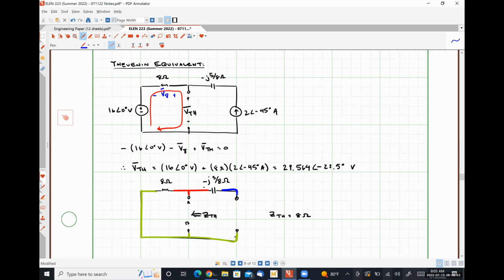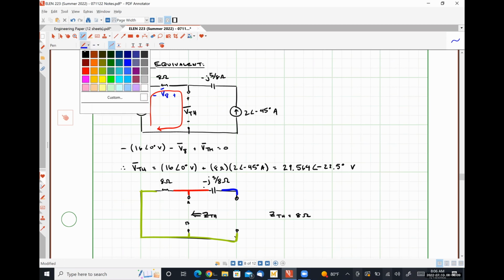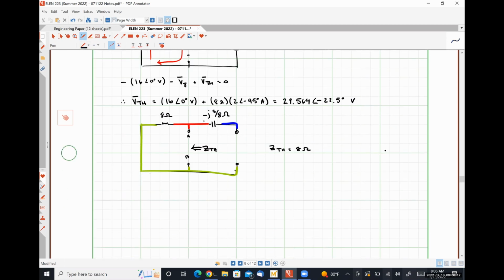Between A and B, we only see the 8 ohm resistor. The minus J 5/8 ohm capacitor isn't part of a closed loop, so it cannot contribute to the Thevenin equivalent resistance. Okay. So now we know what our Thevenin equivalent circuit is.